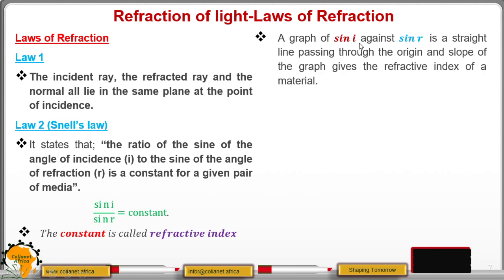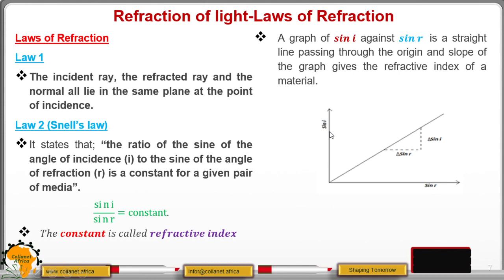Now, a graph of sine I against sine R is a straight line that passes through the origin. And if you get the slope or the gradient of that graph, it will give you the constant that we are calling the refractive index. We have the diagram here.